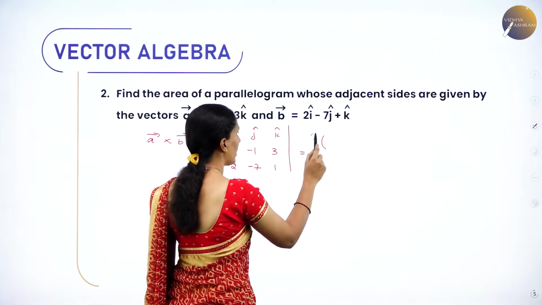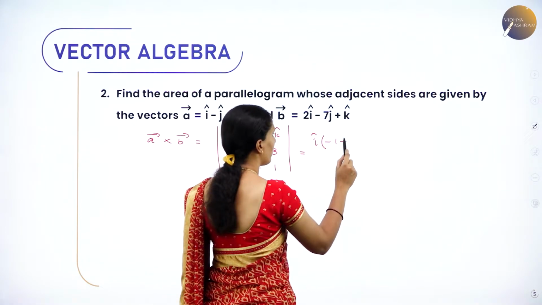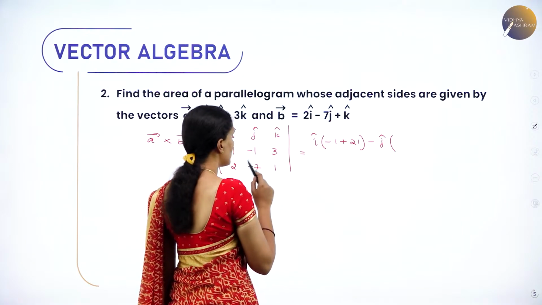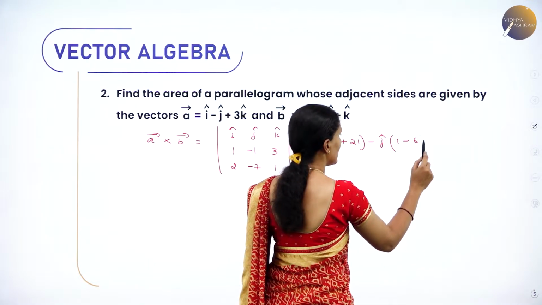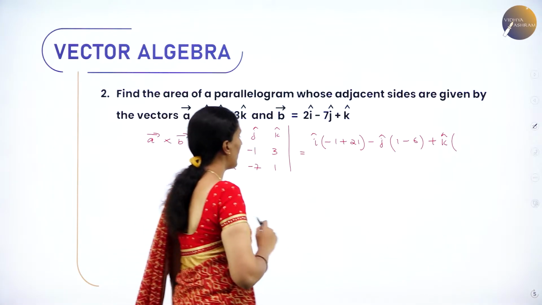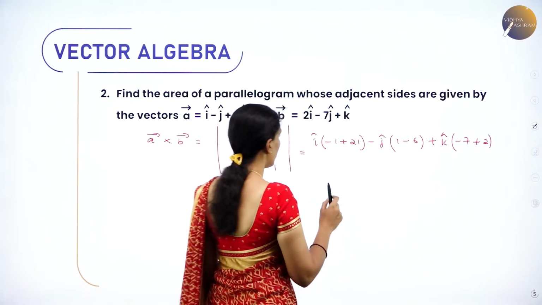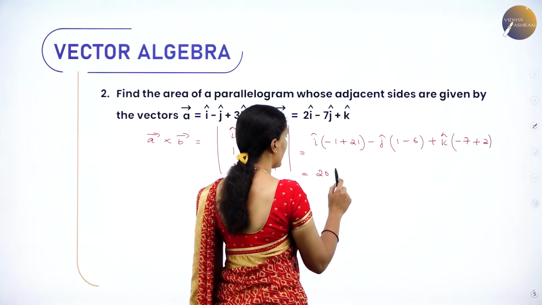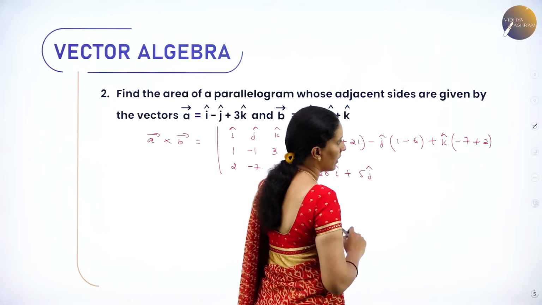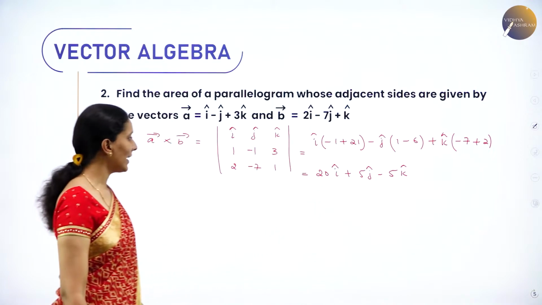So i cap into minus 1, 7 3s are 21, minus 21 becomes plus 21. Minus j cap, so 1 1s are 1, minus 2 3s are 6, plus k cap, so minus 7 plus 2. So next we have here 20i, next plus 5j, and here we have minus 5k.